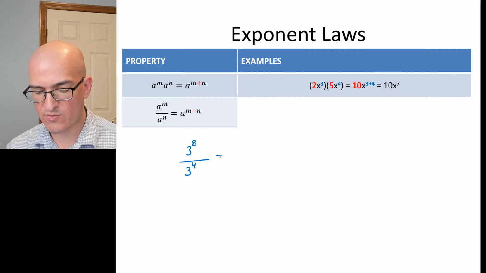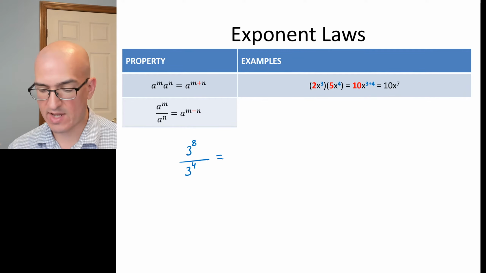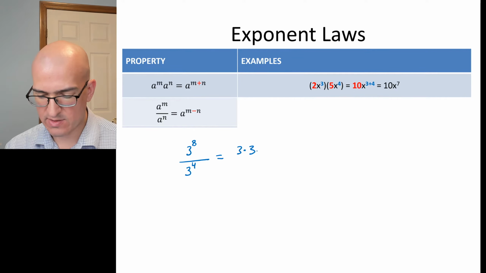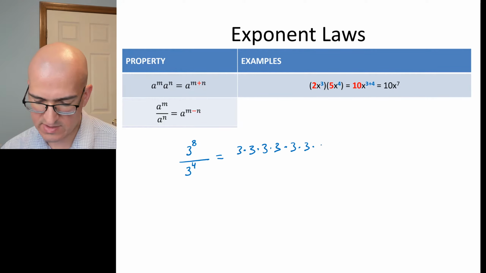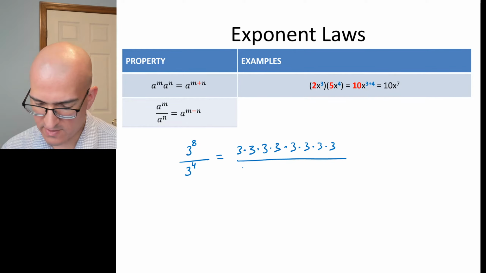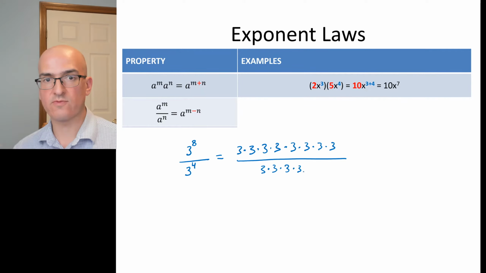Well, what happens if you write it out? What is 3 to the 8? It's 3 times 3. I'm regretting choosing 8, but it's okay. That's 5, 6, 7, 8. And then 3 to the 4 is 3 times 3 times 3 times 3. There's the 4 threes.